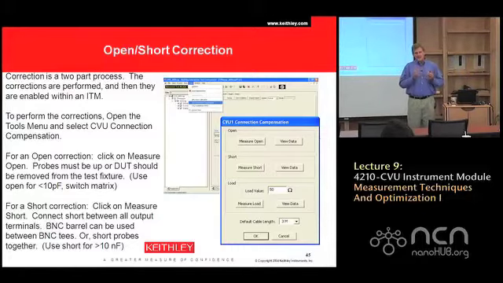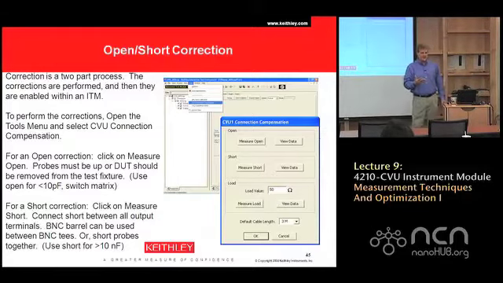It's actually a very specialized correction that only works within that narrow region of the load. Maybe it's a 50 ohm load or a 50 picofarad load, and it only works there. It's only for bringing that narrow point into as close an accuracy as we can get.